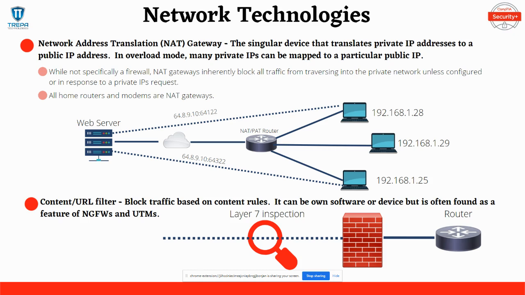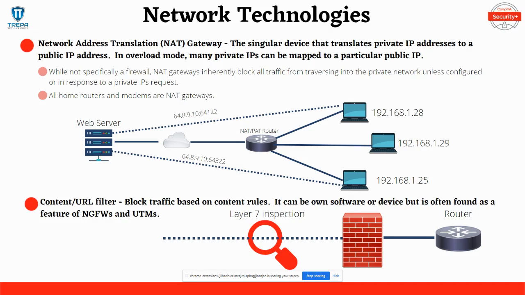Now, typically, this is going to be a router or firewall, and NAT has different modes or implementations. The only one you need to really worry about, and this necessarily isn't for the exam, is PAT, which is port address translation, which will allow many private IP addresses to be converted into a singular public IP address. This is exactly what your home routers will do. PAT is the standard implementation you will see in networks.